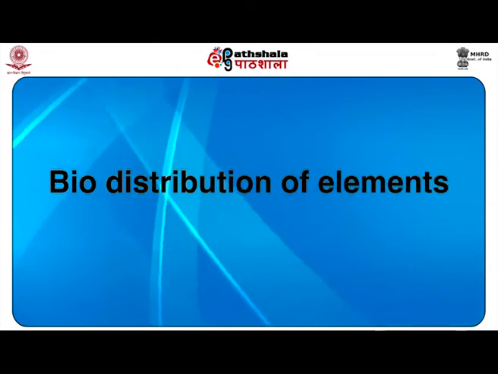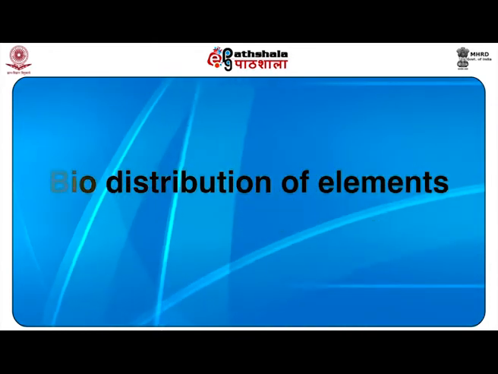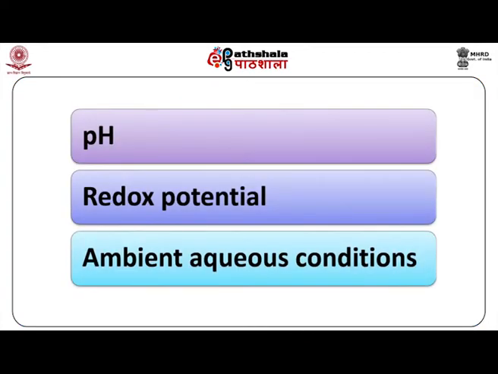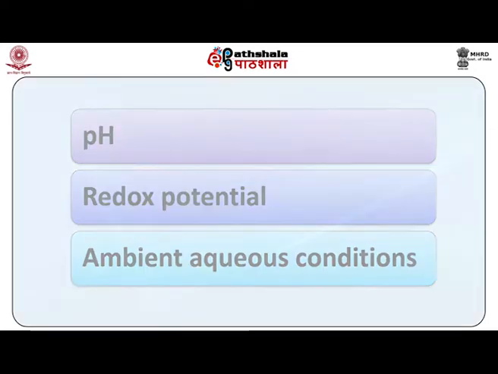Let us now come to the topic of biodistribution of various elements. The distribution of metal elements in the biological system has functional significance. There are many factors like pH, redox potential, the particular local environment, ambient aqueous conditions, etc., on which the availability of metal elements has changed with time in the biosystem.